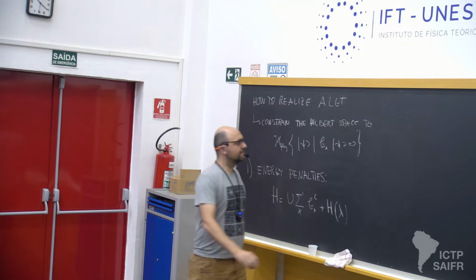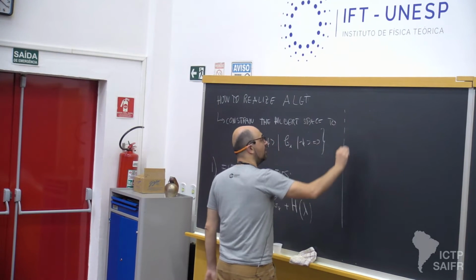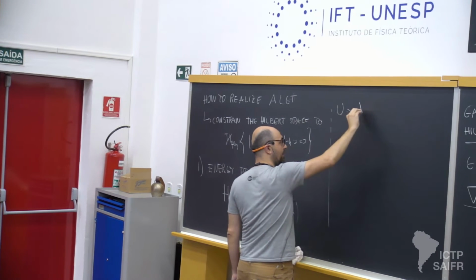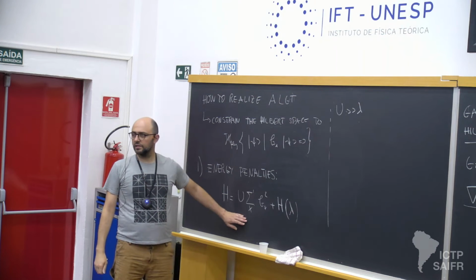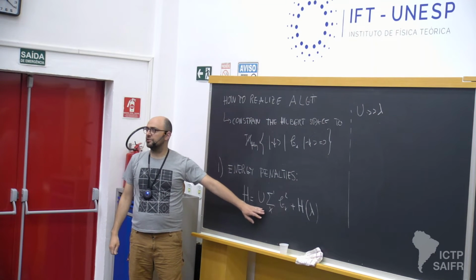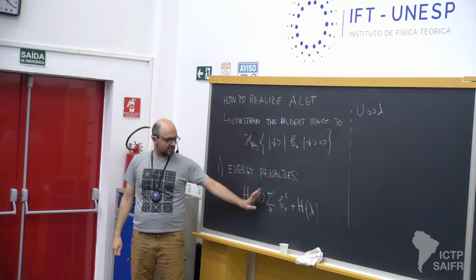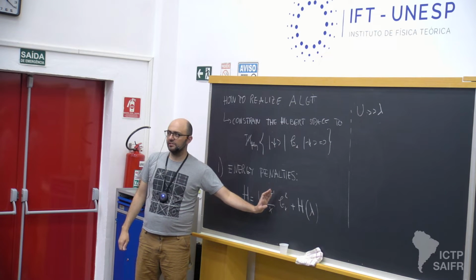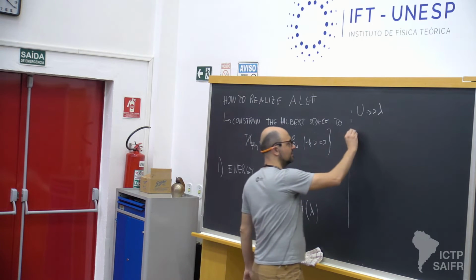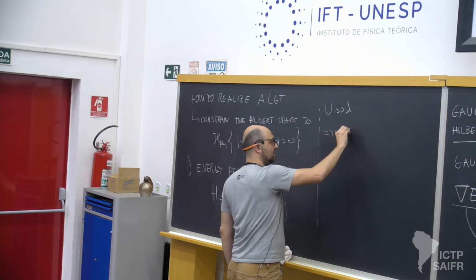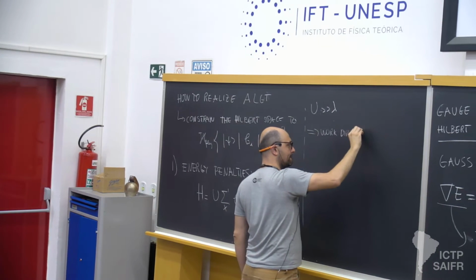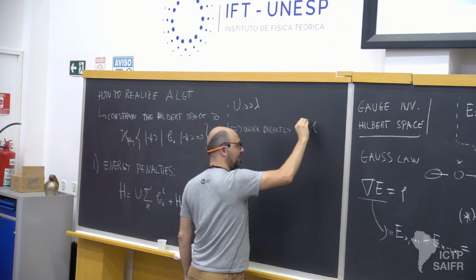Then we take a regime where U is positive and much larger than lambda. When we do that, the low energy physics is dominated by states where G applied to those is equal to 0. So we are automatically working directly on H physical.